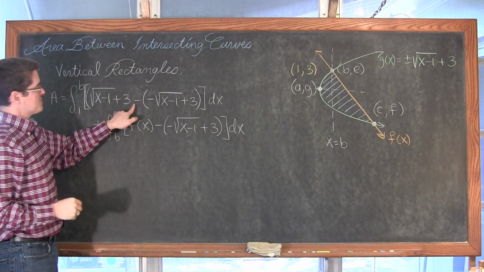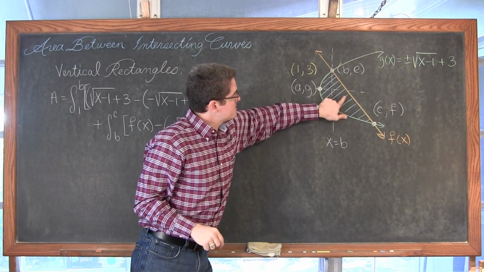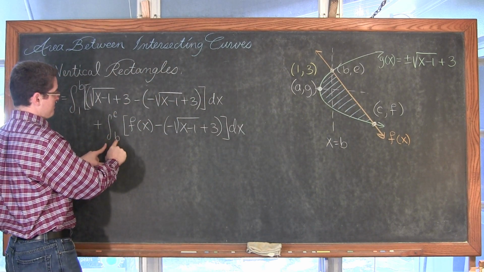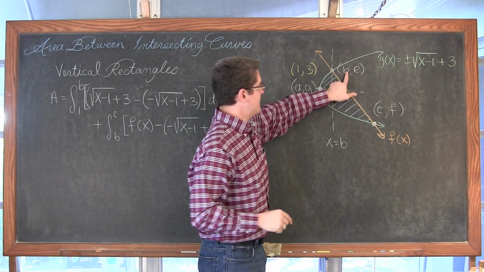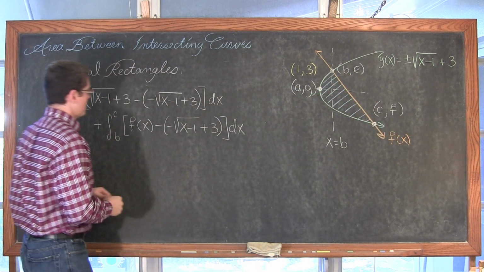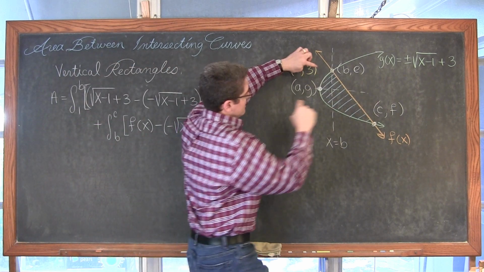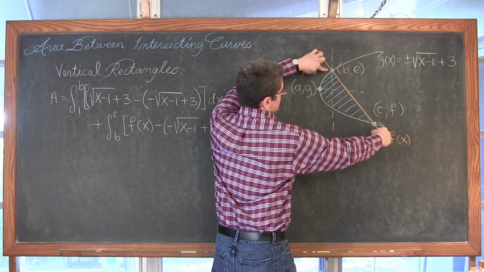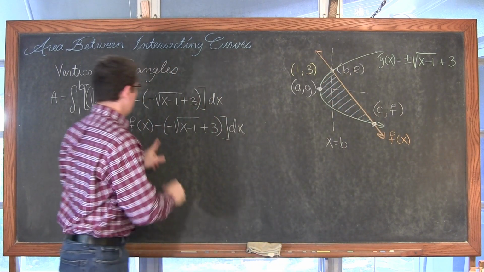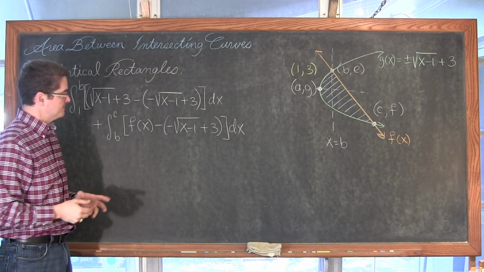And so this first part of the equation would find this area. And then the second part is a bit more straightforward. That would be the definite integral from b to c, what I have labeled as my two x values, my intersection points, of f of x minus, the way it's drawn, f of x is above the bottom half of my parabola, so minus negative square root of x minus 1 plus 3.